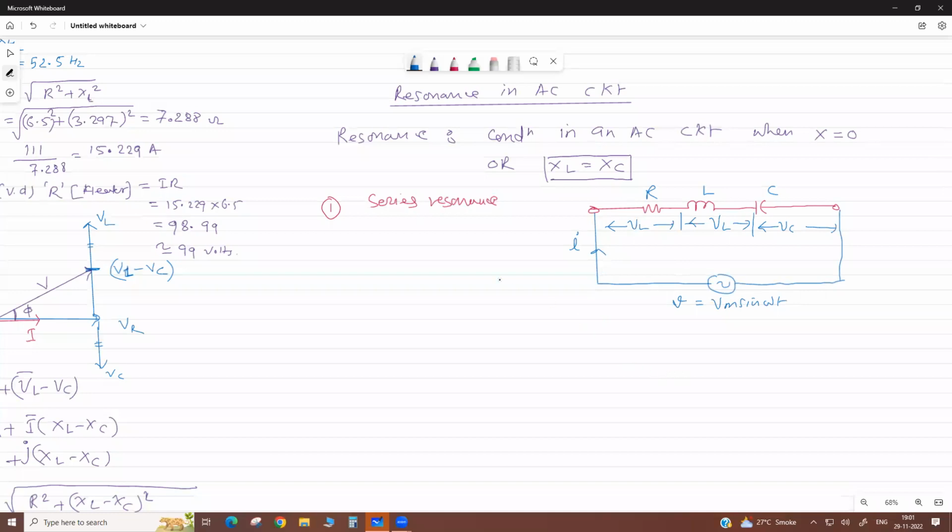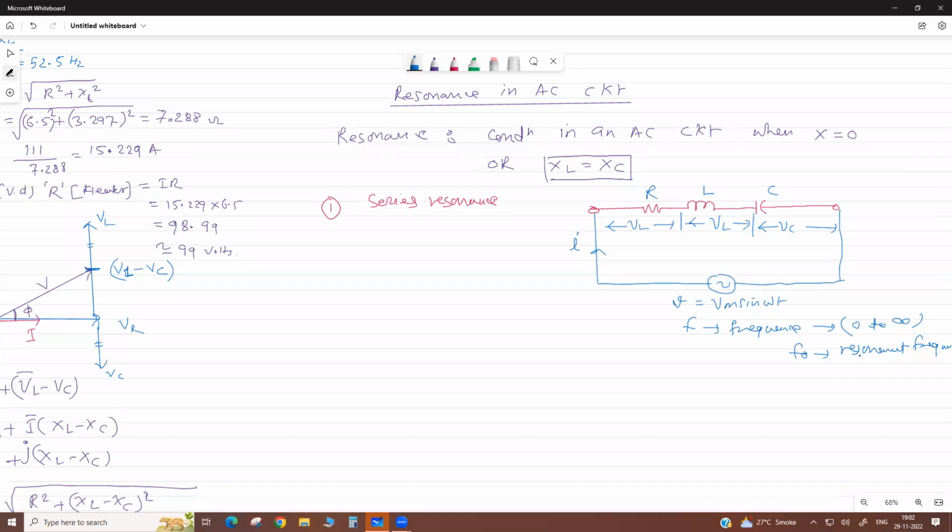Under resonance, what happens? Suppose there is a frequency F, and this frequency can be varied from 0 to infinity. Between this variation, one particular frequency F naught is called the resonant frequency, or frequency of resonance.